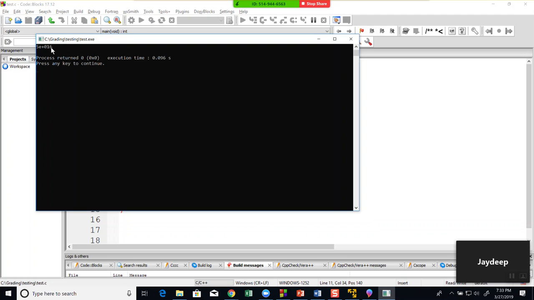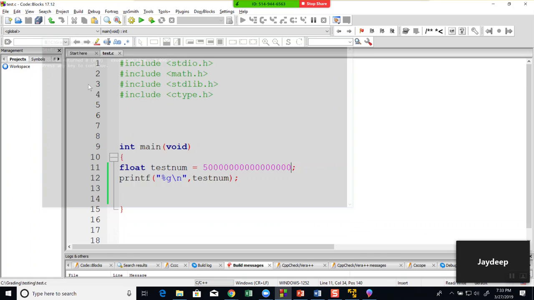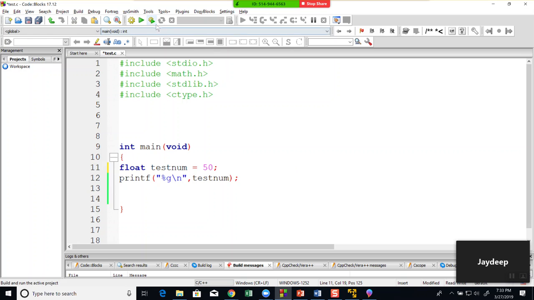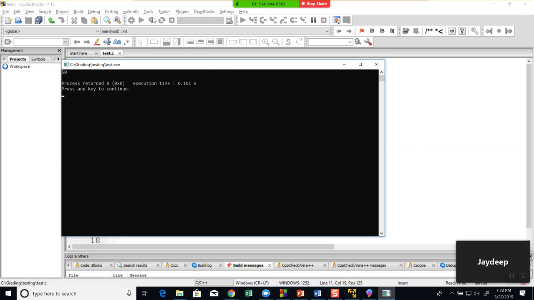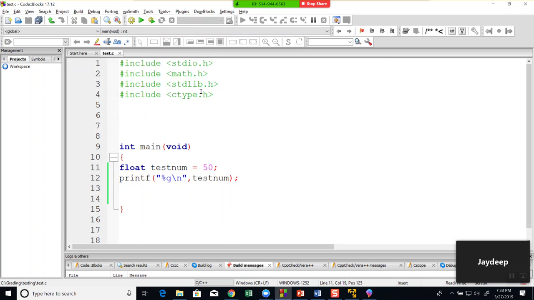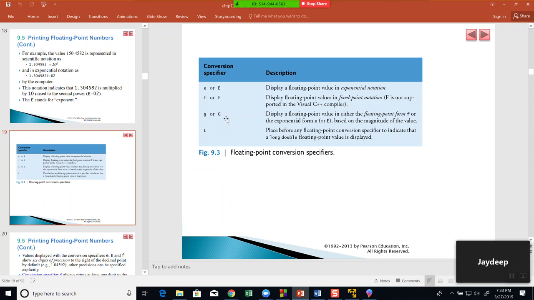See here, I put it in the scientific notation or exponential notation because the number's so big. But if I have it small, like 50, then this puts it as 50. So again, different options you have.